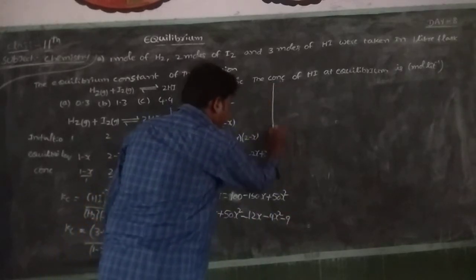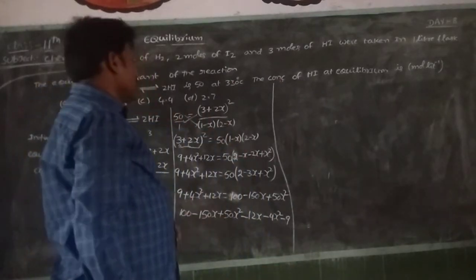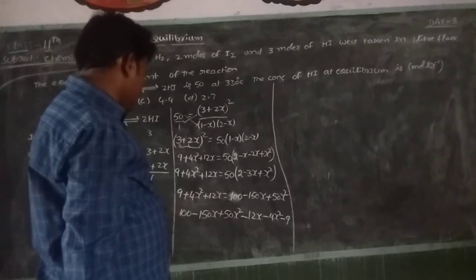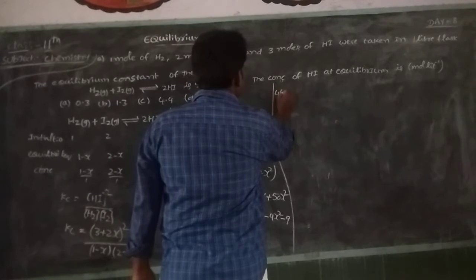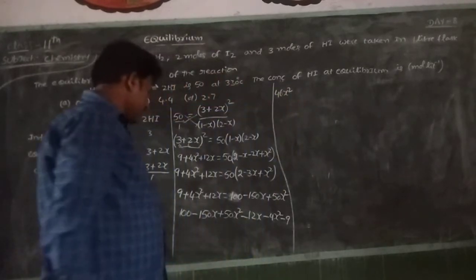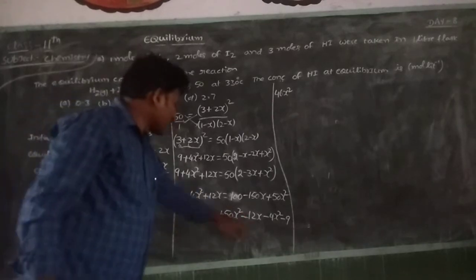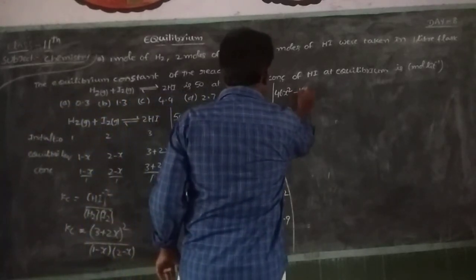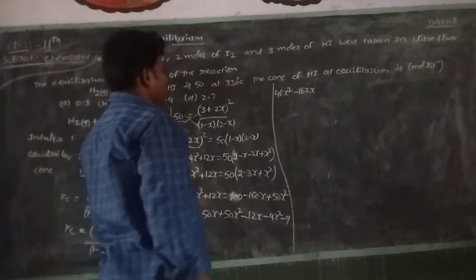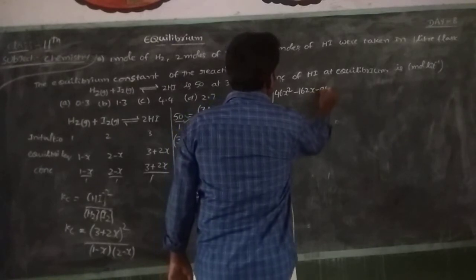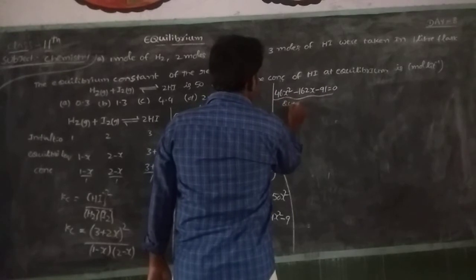You have to write x square first, then x, and then the values. 50x square minus 4x square is 46x square, and next, 150x and 12x, that means minus 162x, and 100 minus 9 is 91, equal to 0. This form is a quadratic equation.